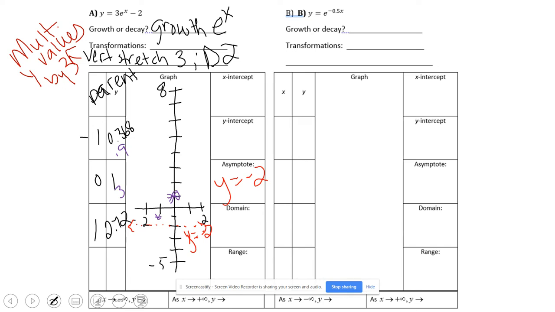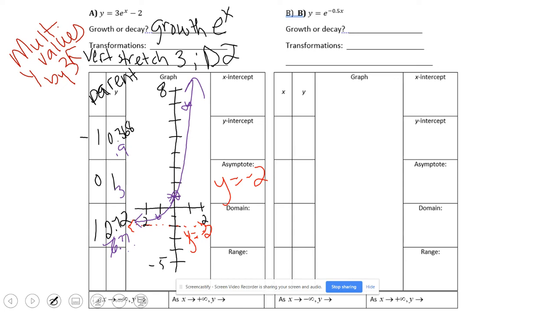And then 2.72 times 3 is 6 point something, 7 point something. And then down 2 brings us back right around right here. So we're going to say 7 point something. And so this is going to be my graph.